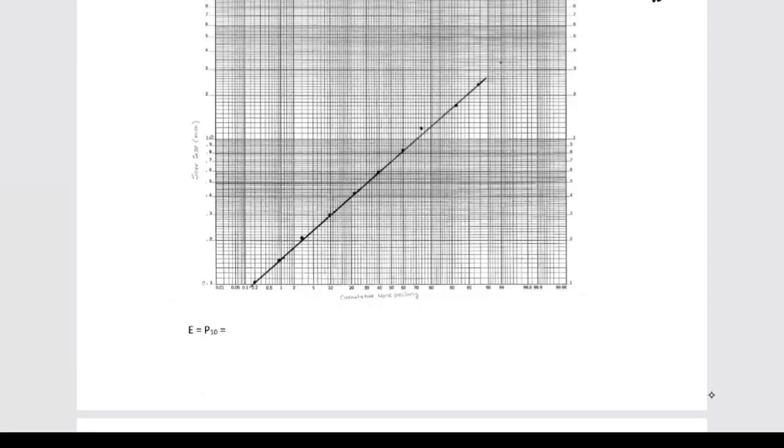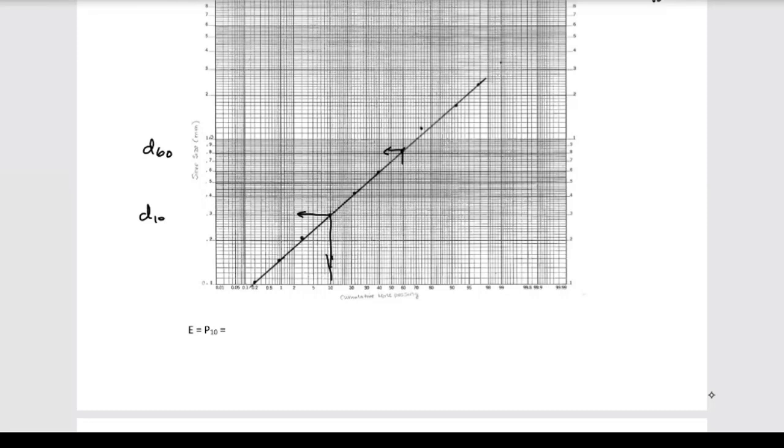So each one of these is a point. And what we need to calculate is this D10 right here. So this corresponds to my D10, and then the D60 is up here. So this is my D60.